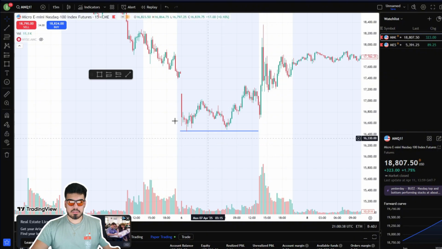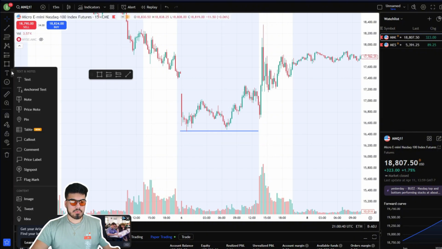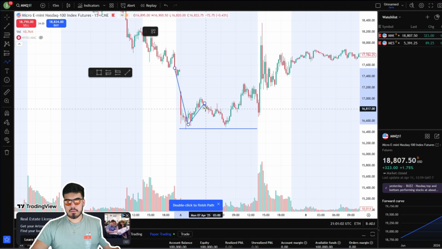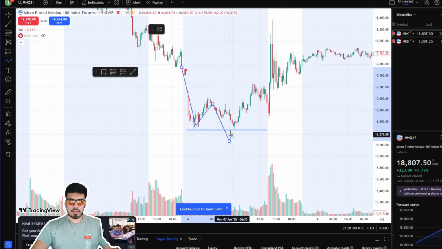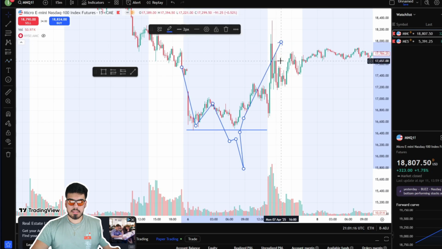What is that called? Liquidity sweep. So for example, we're going lower high, and then it creates a lower low right here. People think it's gonna continue going lower, but instead it goes higher. That's called liquidity sweep manipulation.